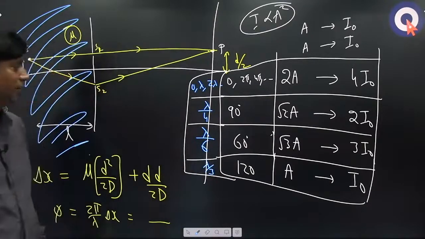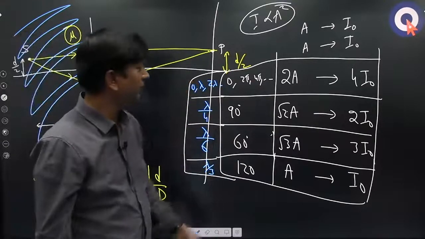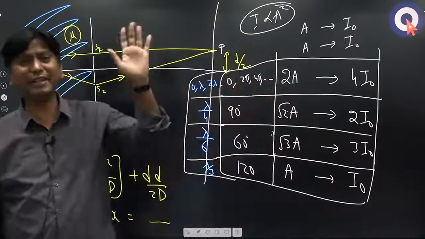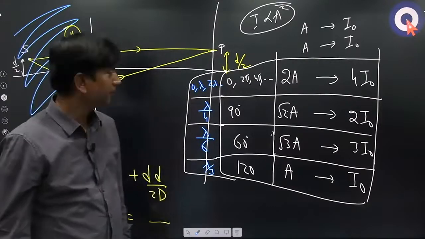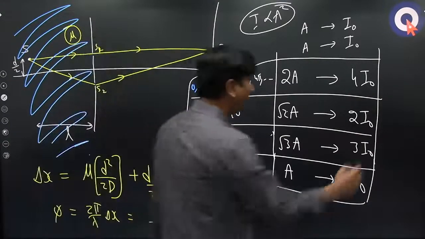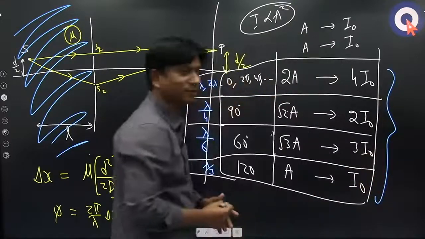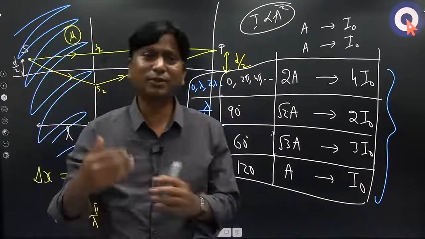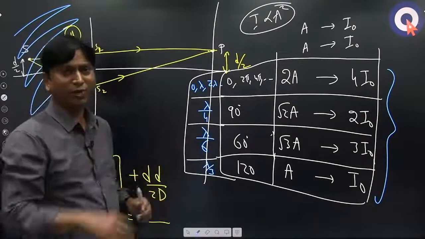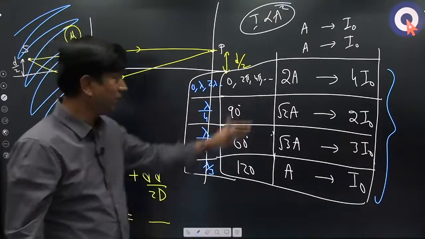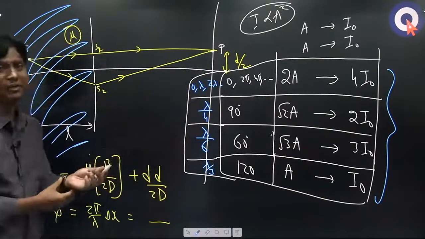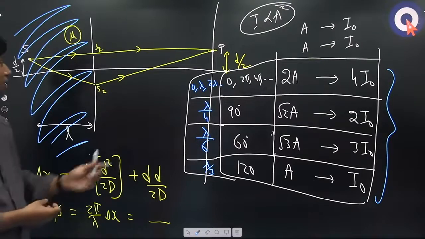So these are the path differences, these are the phase differences, these are the resultant amplitudes, and these are the resultant intensities. Just have a check. All these things are very useful when we are solving problems involving many sub-concepts, so these ready-made things help.